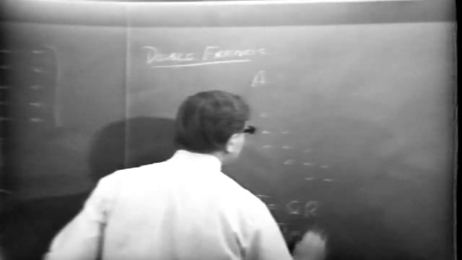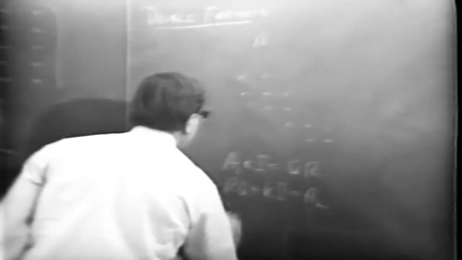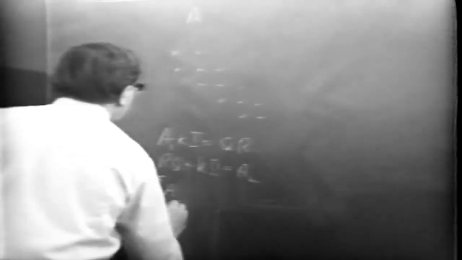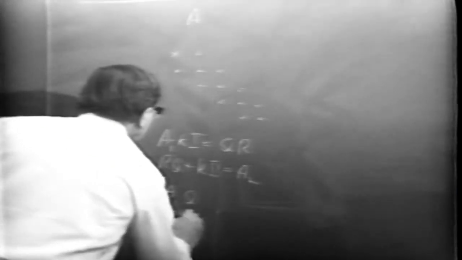That's A1, and that's A2. And we know that A2 will be equal to Q transpose, it's going to be real at the moment, A1 times Q. And so, in fact, A1 Q is equal to Q transpose A2.